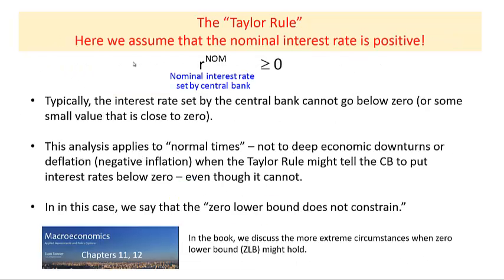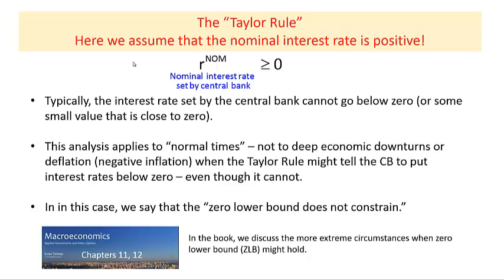Now, there's an important point here. During normal times, the nominal interest rate that the central bank sets is typically above zero. However, during deep economic downturns, or when prices go down, negative inflation, deflation, the rule might tell us that the central bank should set a negative interest rate.